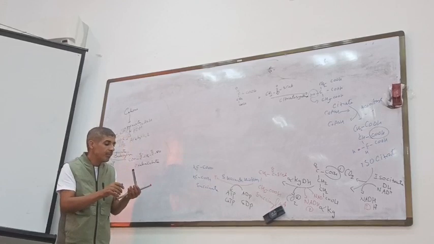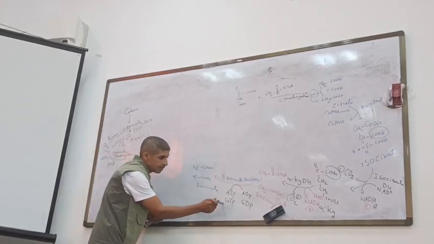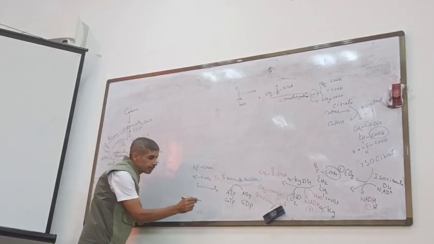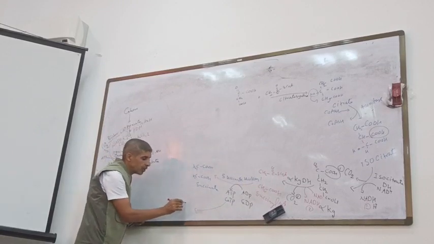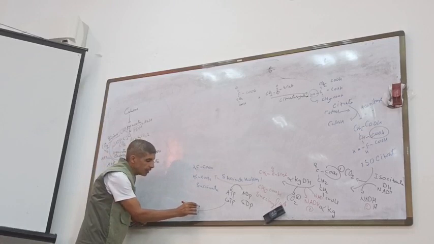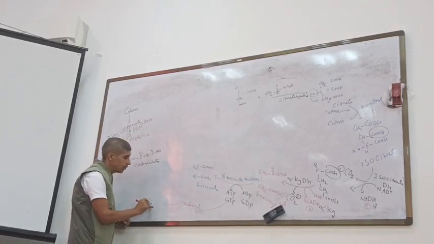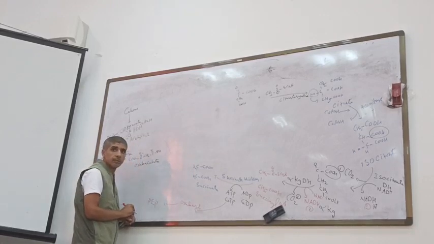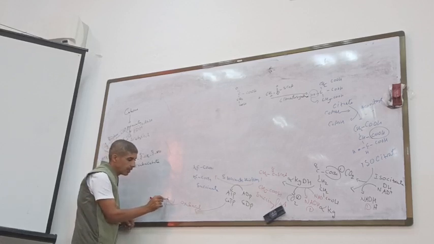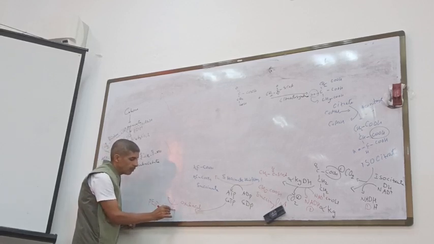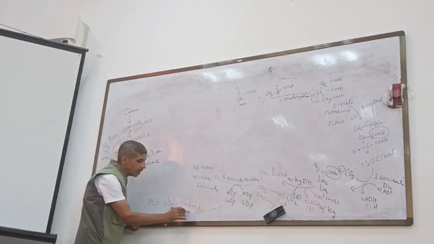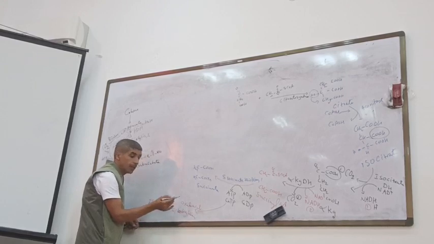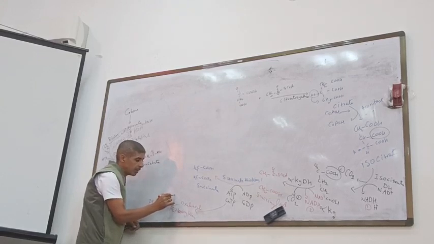Because the GTP of the Krebs cycle is used by gluconeogenesis in the conversion of oxaloacetate to phosphoenolpyruvate by phosphoenolpyruvate carboxykinase. Right? GTP to GDP.